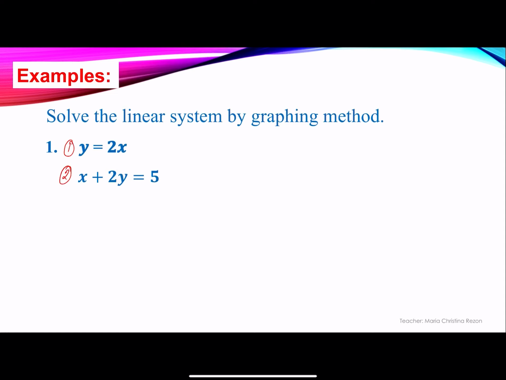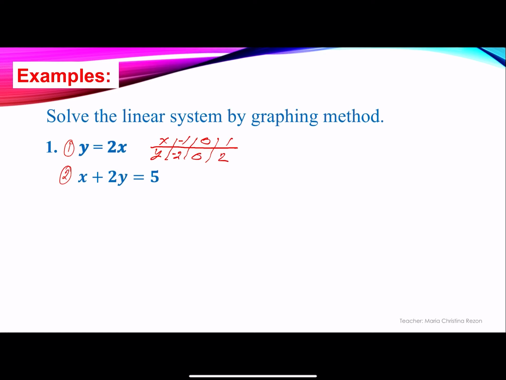We will graph the first equation, but before that, we assign values for your x and y first. Okay, so you have x and you have y. So if x is -1, y is -2. If x is 0, then y is 0. Then if x is 1, then you will have y is equal to 2. And then we graph that later on.